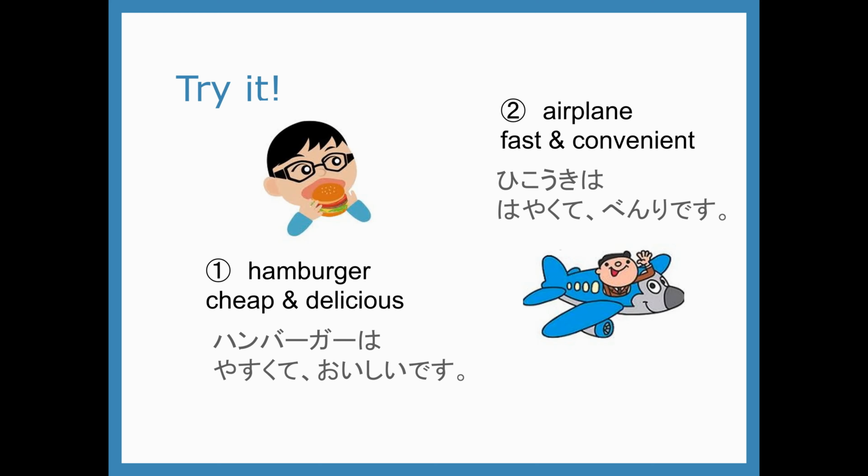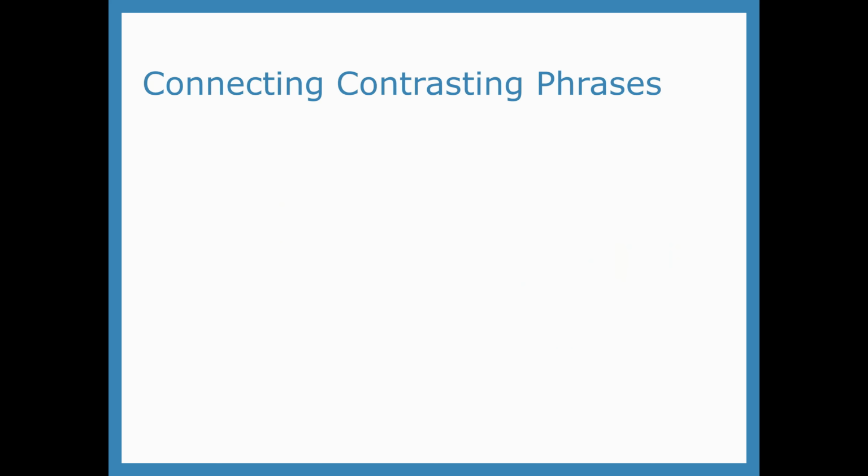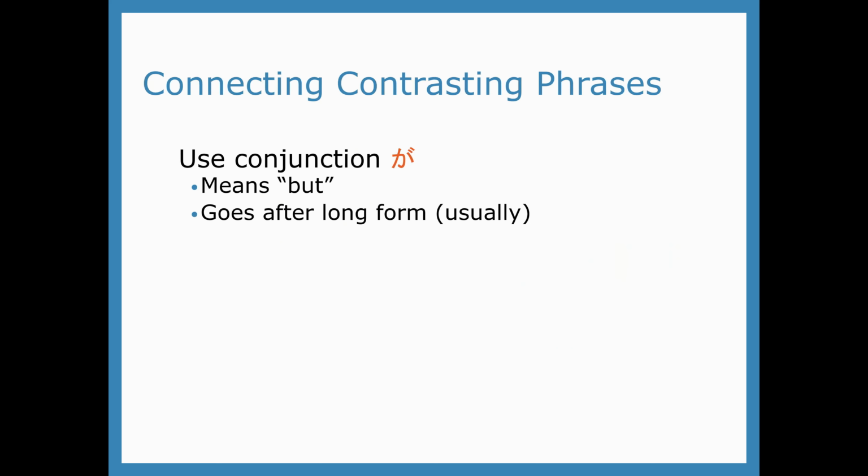But what if the two qualities I'm comparing are different rather than similar? What if I'm trying to draw a contrast instead of a comparison? In that case, it's more natural to say but rather than and. So today I'm going to introduce the conjunction ga, which we use to show a contrast between two things.